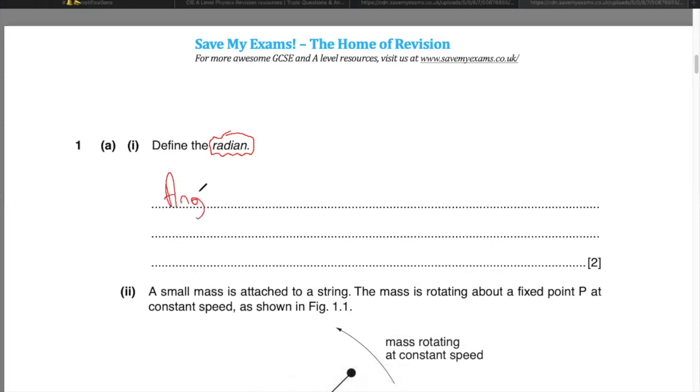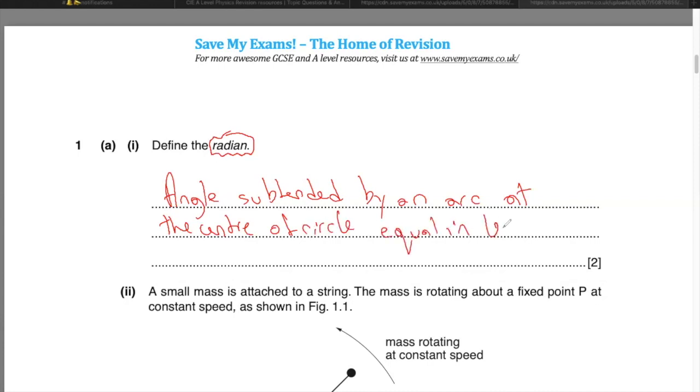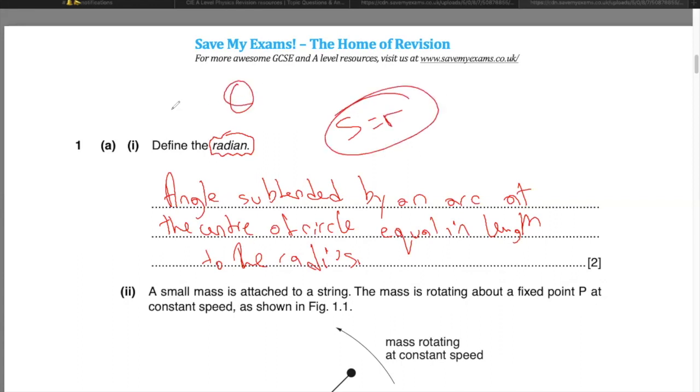So angle subtended by an arc at the center of the circle equal in length to the radius. So let's write it fast. Don't forget this: s = rθ, and θ = s/r. So that's pretty much it.